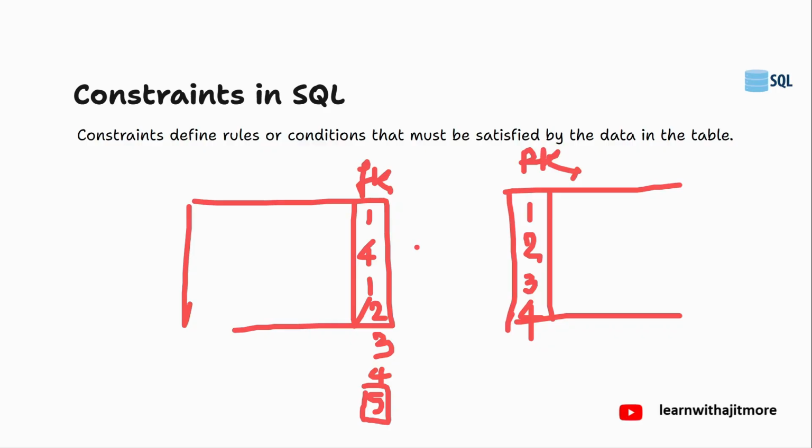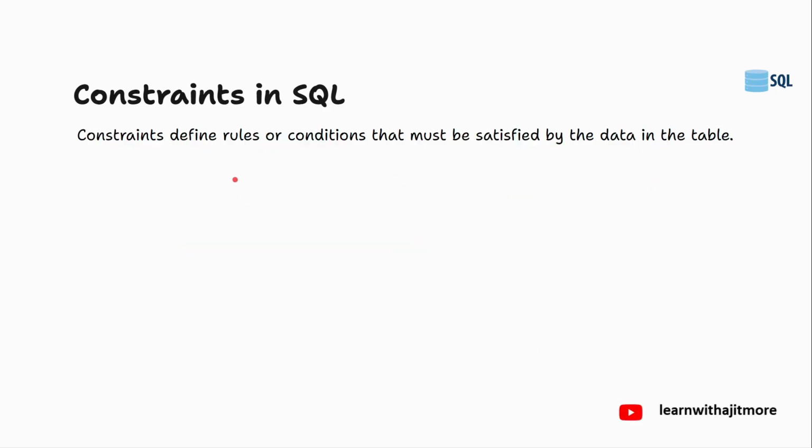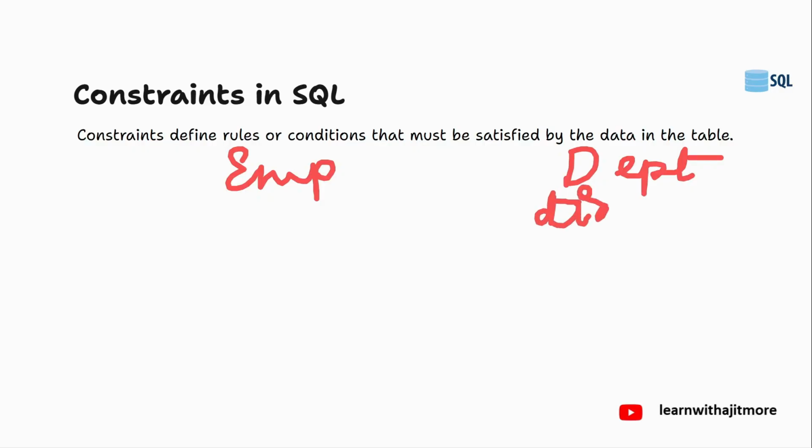Understanding? Clear? So I'll give you a best example quickly. And still if you have doubt, you can ask me. One is an employee table and another is a department table. The department table has department ID and department name, suppose. We have 3 departments: 10, 20, 30.